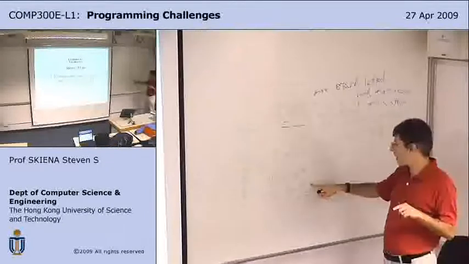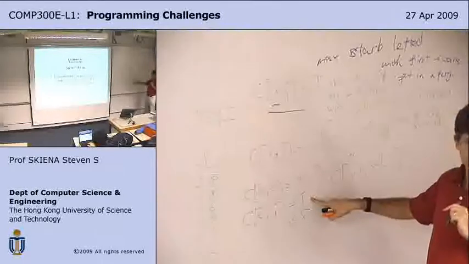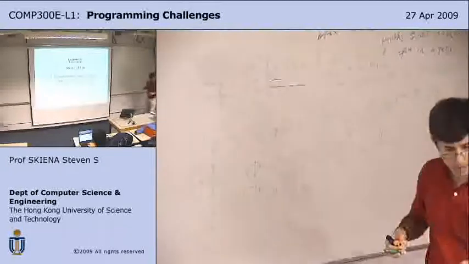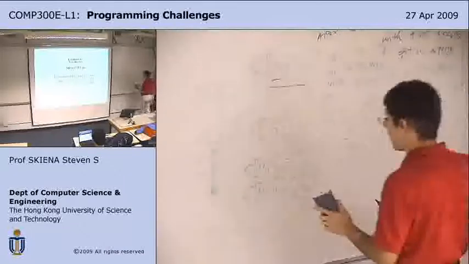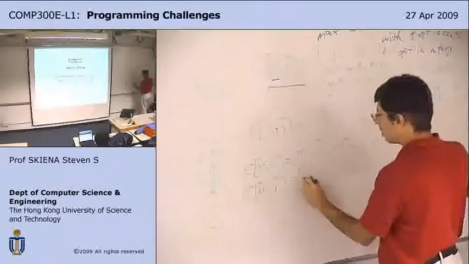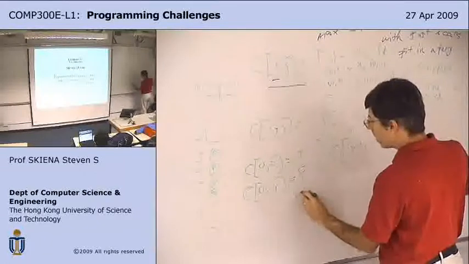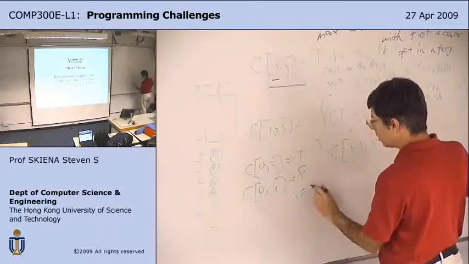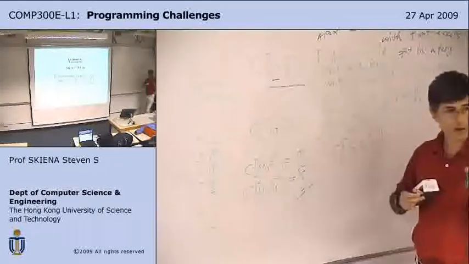For yours, that might be true, okay? But for me, what I would say here is in fact the opposite. I would say that this is going to be false for I not equal to 0.